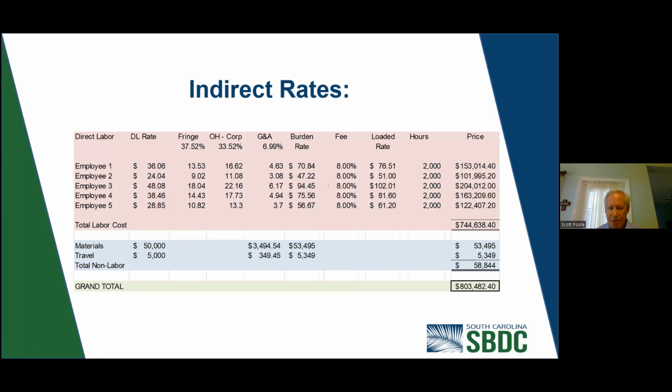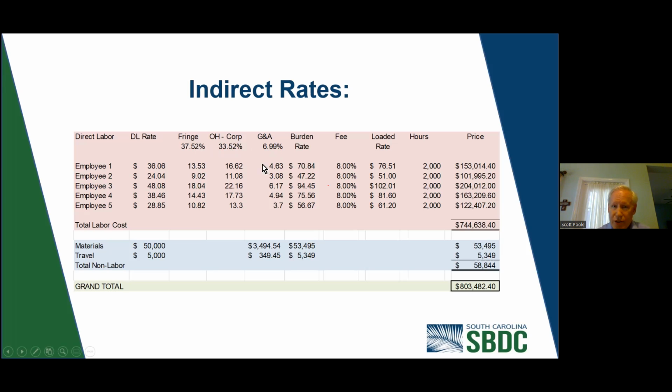So I could then build up some here. I say, okay, here's my direct labor. Employee 1, 2, 3, 4, 5. And for their direct labor rate, I'm just going to take their salary and divide it by 2080. You see I have various ones here. And then here are the overhead rates, the fringe, overhead, and G&A for this one. This particular contract just happened to be worked using the overhead from the corporate side.